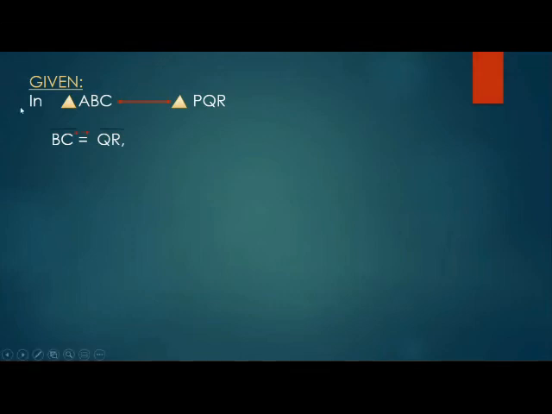So in given triangles ABC, we are comparing it with the triangle PQR.